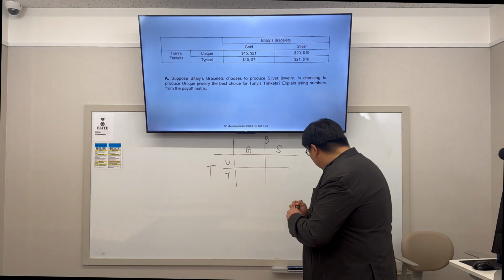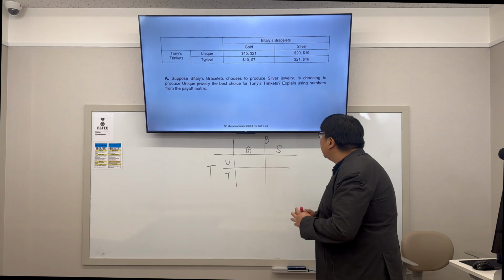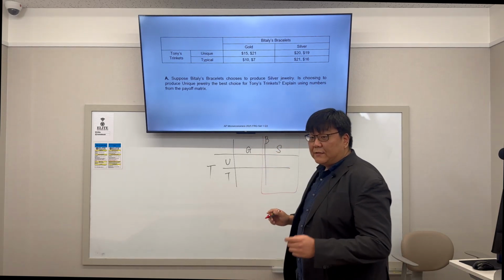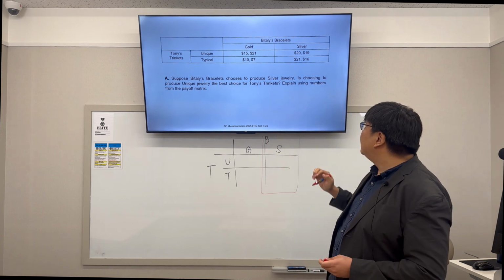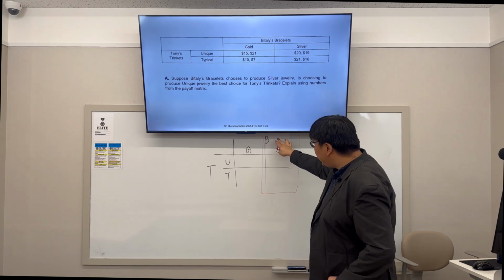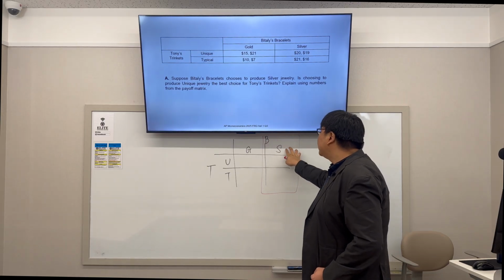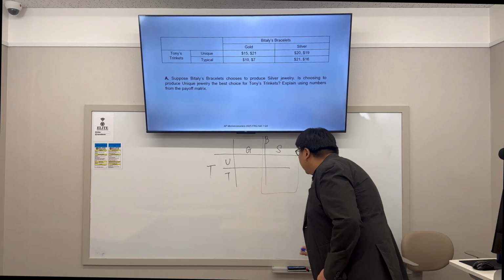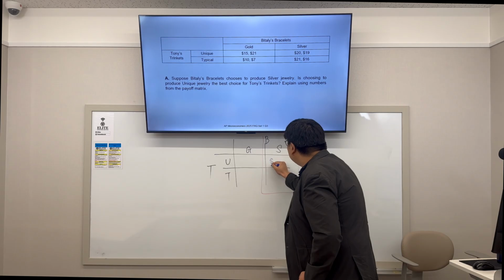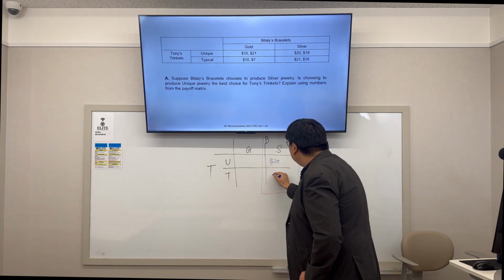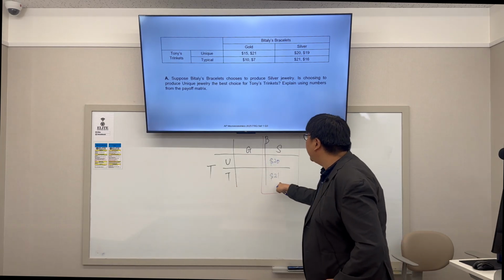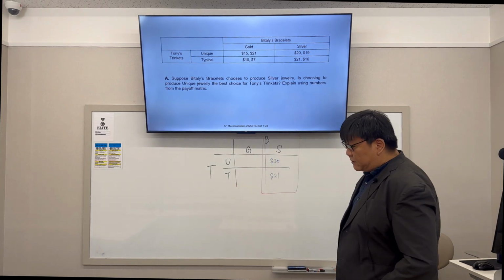We only need to think about the situation where Beetle's Bracelets chooses to produce silver jewelry. Given B's strategy, silver, Tony's payoff is 20 for unique and 21 for typical.